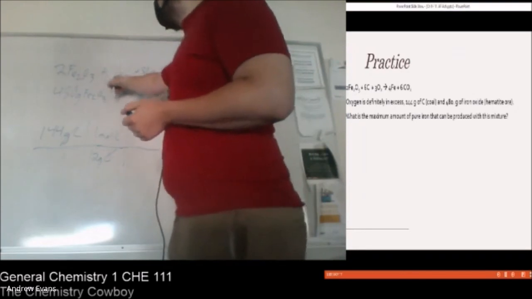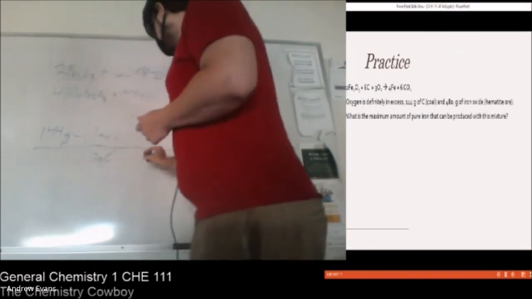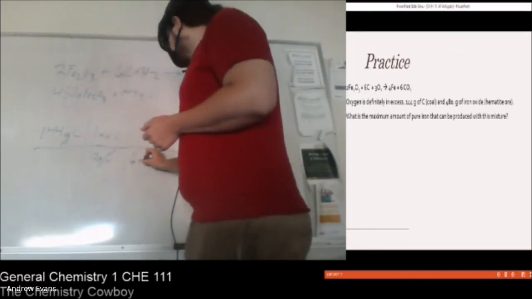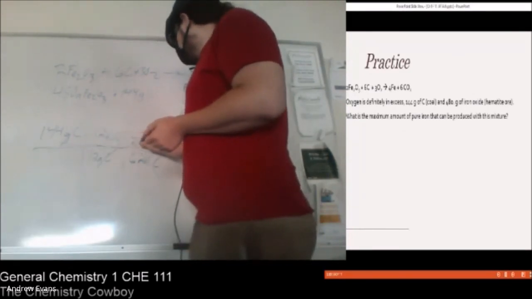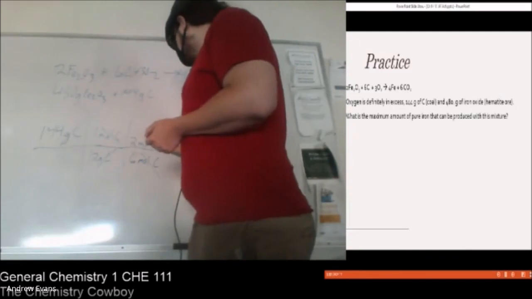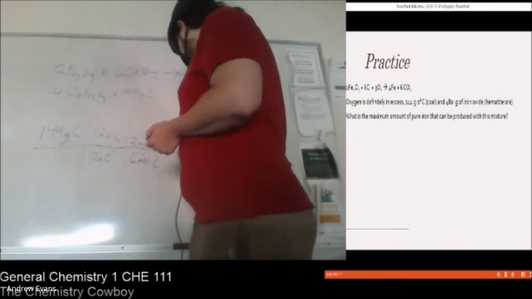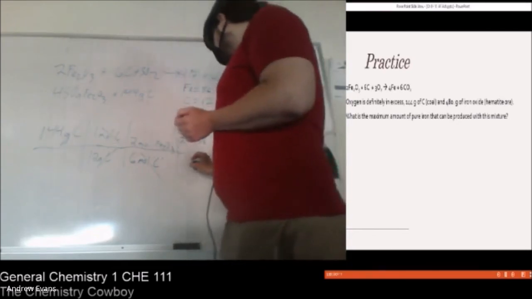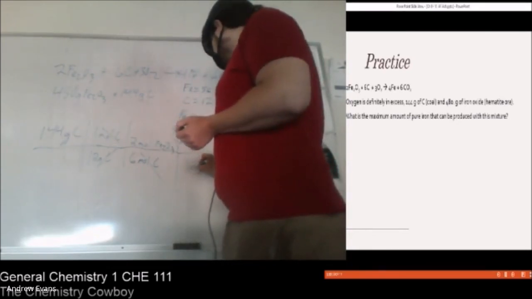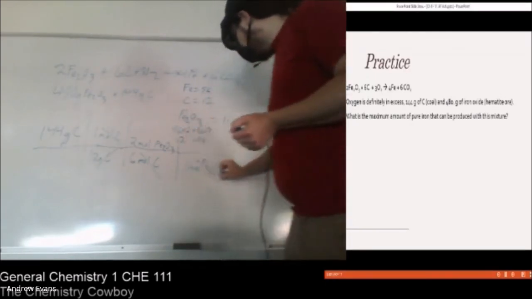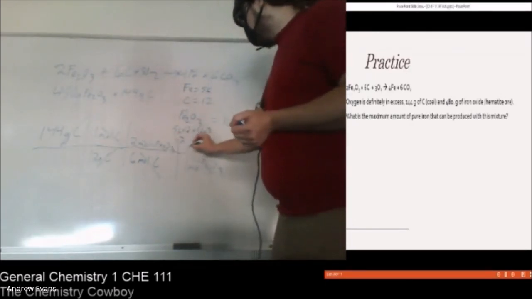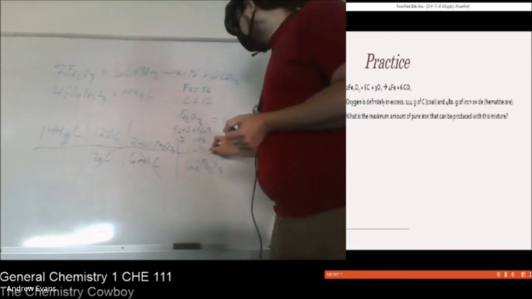Balanced chemical equation, 6 to 2. 6 moles carbon for every 2 moles iron oxide. Then finally, for every 1 mole of iron oxide, I would have 160 grams iron oxide.